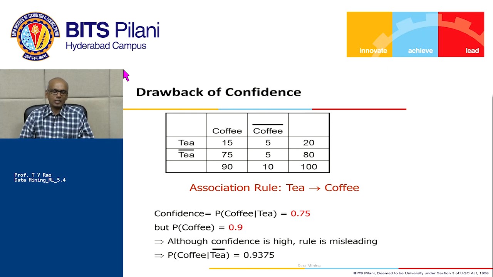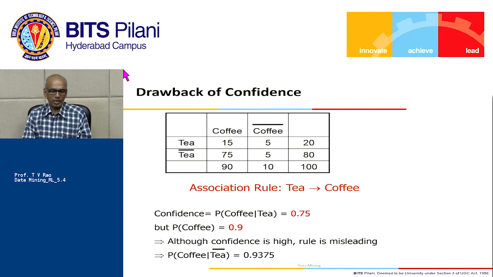Now let's look at coffee and tea. We see that there are 20 people who take tea and 80 people who are not taking tea. And then there are 90 people who are taking coffee, and 10 people who are not taking coffee. And there is a division of the people who take coffee and not tea, and so on, as per this contingency table.